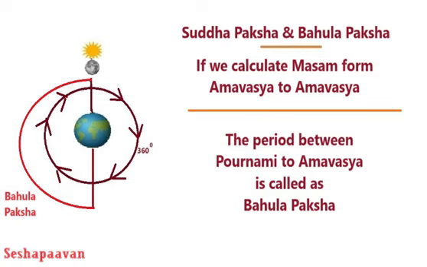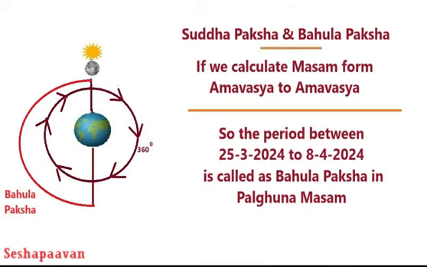Now the period between Purnima to Amavasya is called as Bahula Paksha. So we are calculating the month from Amavasya to Amavasya. So the period between 25/3/2024 to 8/4/2024 is called Bahula Paksha in Palguna Masam.